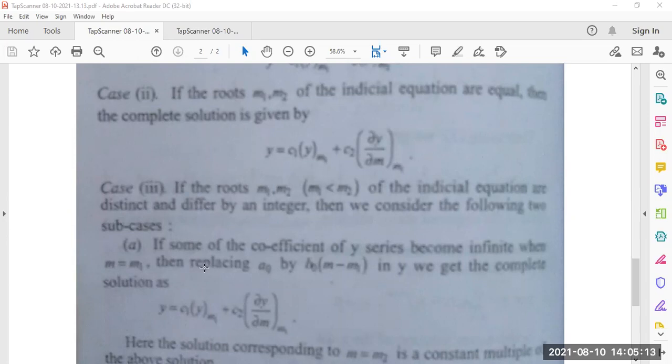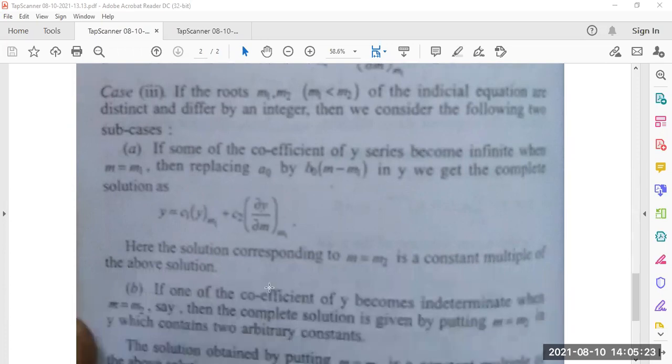Look here, it is del y del m. Here y is partially differentiated with respect to m, not x. Hence the solution corresponding to m equal to m2 is a constant multiple of the above solution.